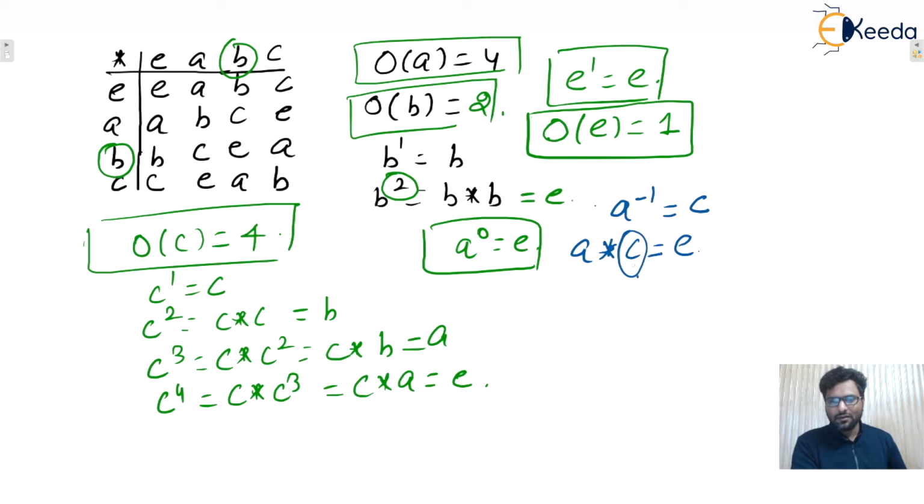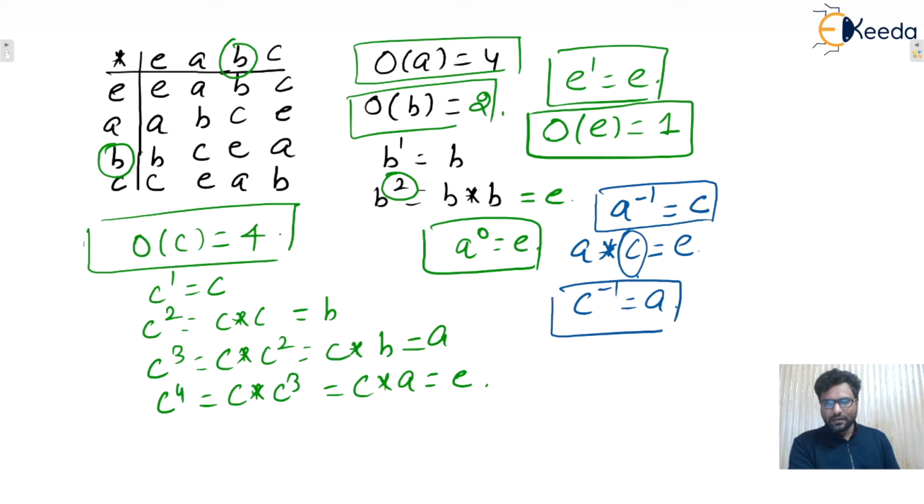So inverse of A is C, and also inverse of C will be A only, isn't it? So the next property says that if element A has order equal to 4, then its inverse will also have order equal to 4. That means any element and its inverse will always have the same order.